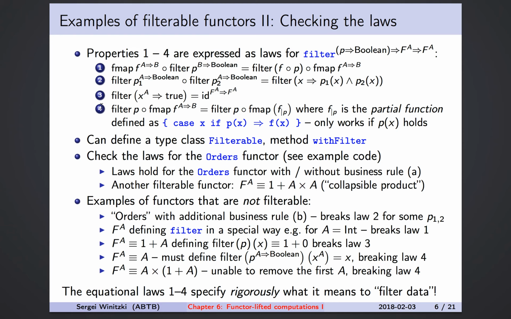So here are the four laws, and we can define a type class, let's call it filterable, and the type class will have a method with filter, which will be a partial type to value function. And this function must satisfy these laws, together with fmap. So we cannot really define filterable without also defining map for this type.